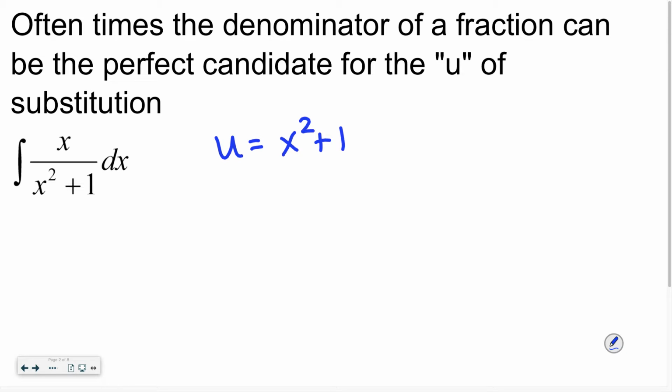And if things align right, then our numerator can help us out. So du in this case would be 2x dx. All right, well, what do we have in our integral? Do we have 2x dx? The derivative of x squared plus 1 is 2x.